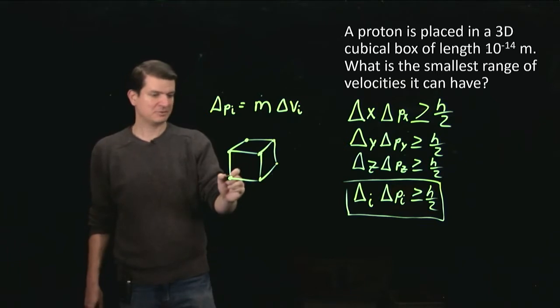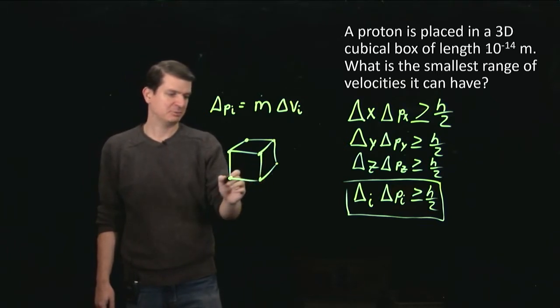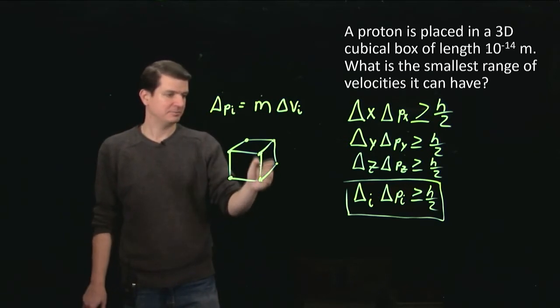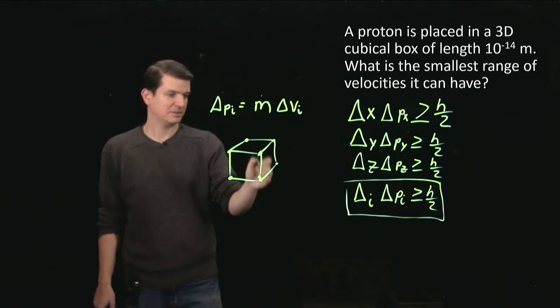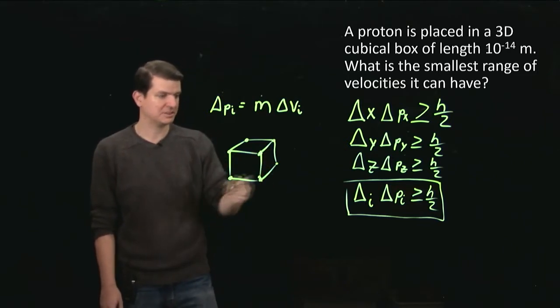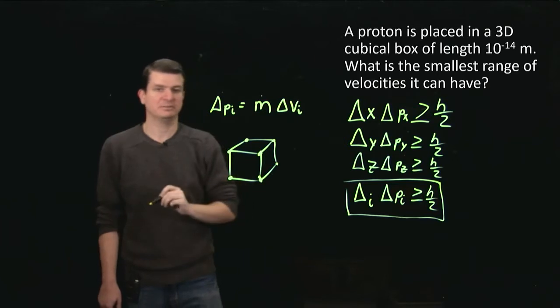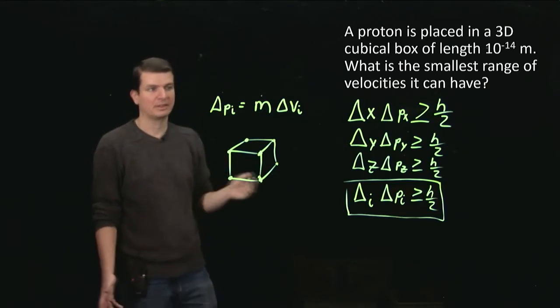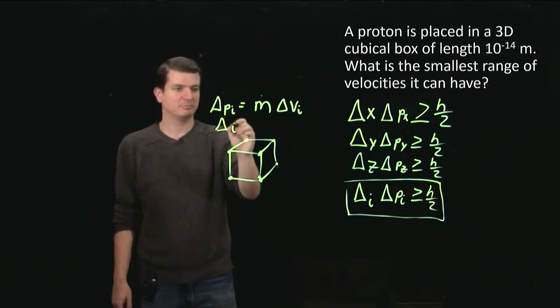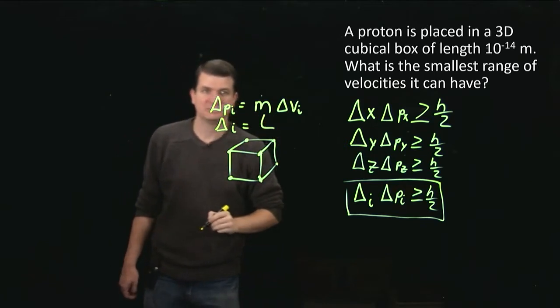But if I can range along x from here to here, that's an uncertainty of L. Between here and here, that's an uncertainty of L, and along this dimension, an uncertainty of L. So the delta i's are all equal to L.